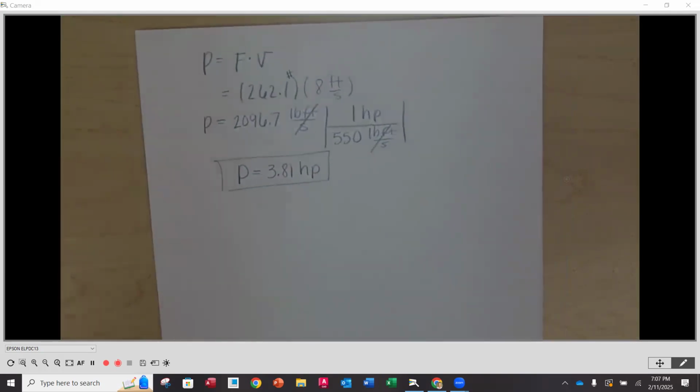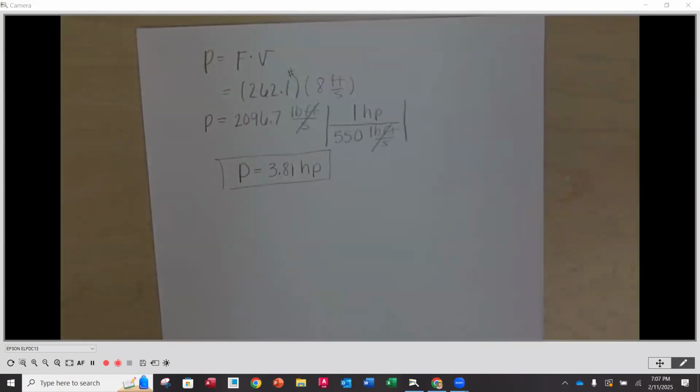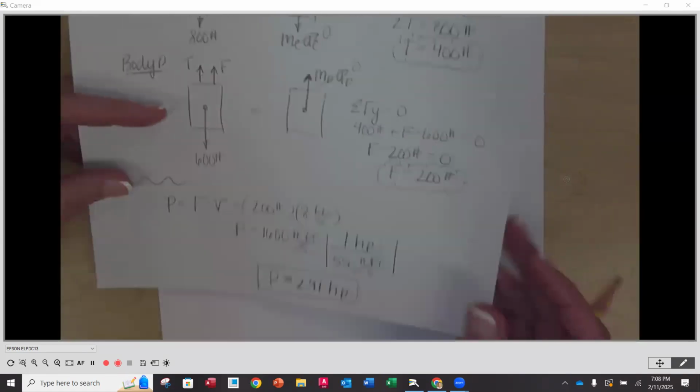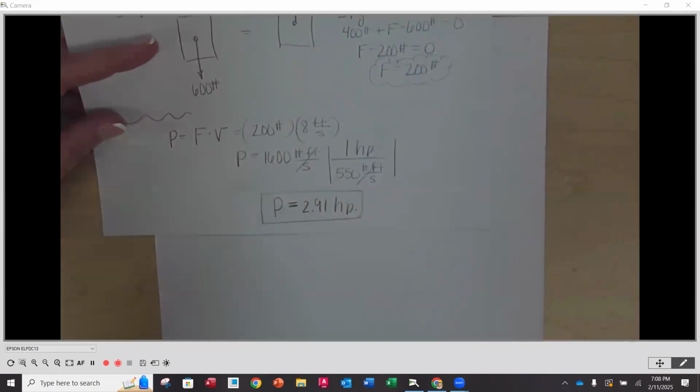All right. Now, as we look at this, remember, we did this 2 different ways. The first way we were looking at it, we wanted to know what the power was when it was moving at 8 feet per second at a uniform velocity or a constant velocity, no acceleration. And the value we got for our power was 2.91.